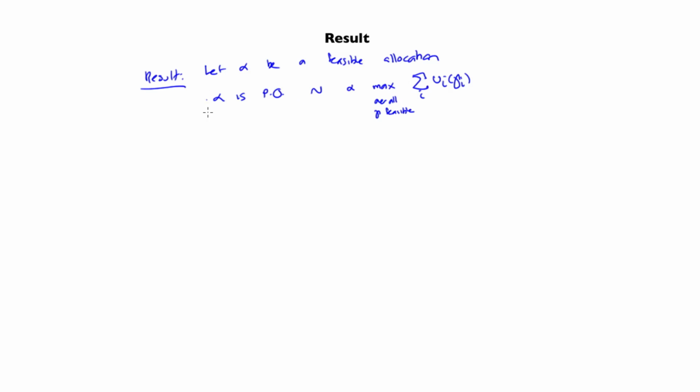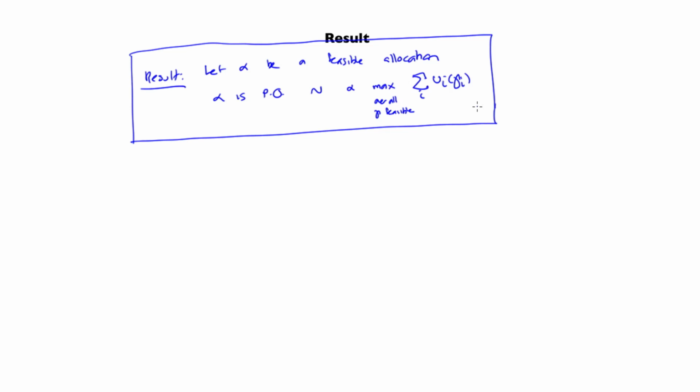In other words, saying that an allocation is Pareto optimal when it's feasible is equivalent to saying that it maximizes the sum over all individuals of the utility granted for any possible feasible allocation. That result is going to be very useful, as you will see in a second.